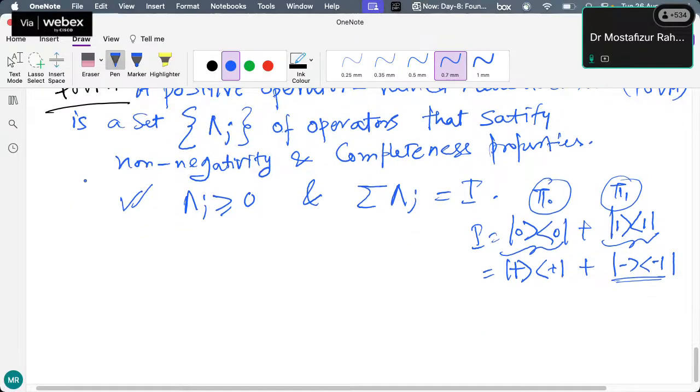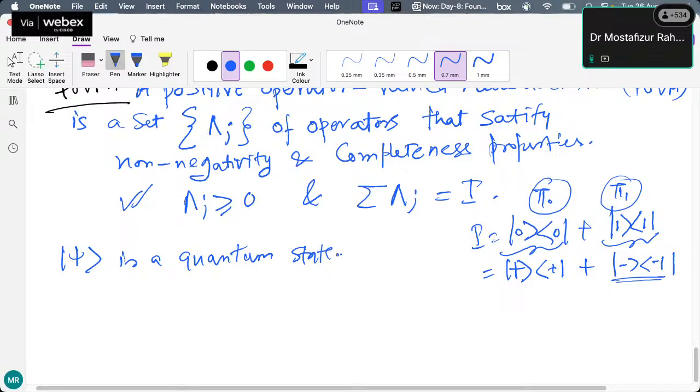Now, given a POVM operator, we can find whether a particular quantum state is in a given basis. Suppose I have a quantum state psi.